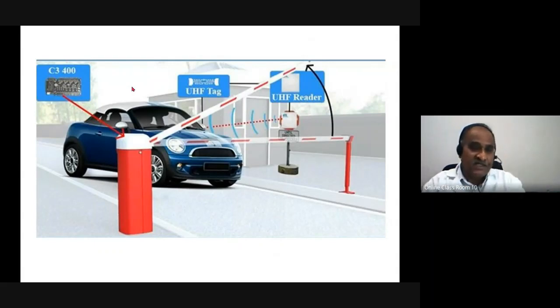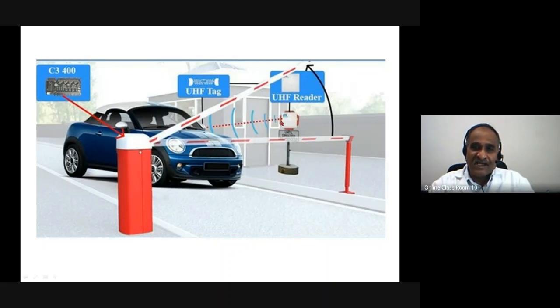Yes, you imagined right. This is the tollgate. You have seen or are acquainted with it. Of course, this is an automatic tollgate, and a person has a tag, and it sends infrared rays.